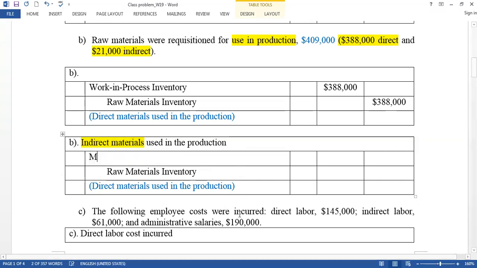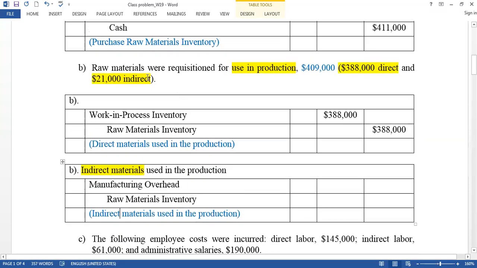So the journal is manufacturing overhead account debit, and it is indirect materials used in the production. And how much indirect materials? $21,000.